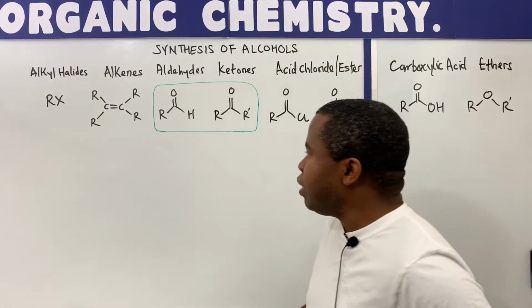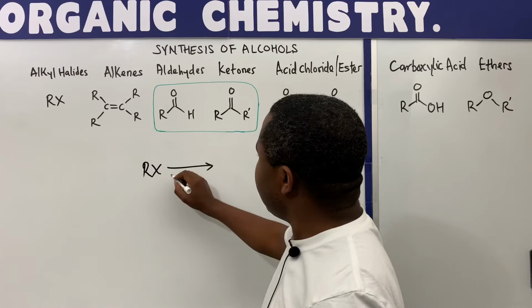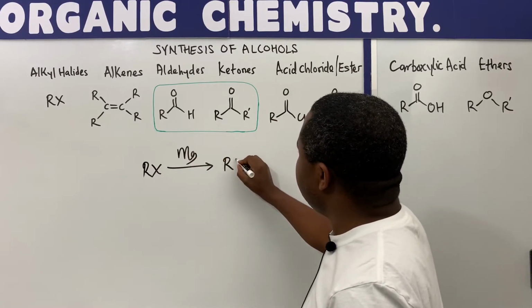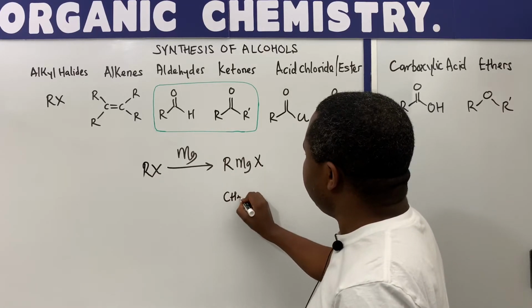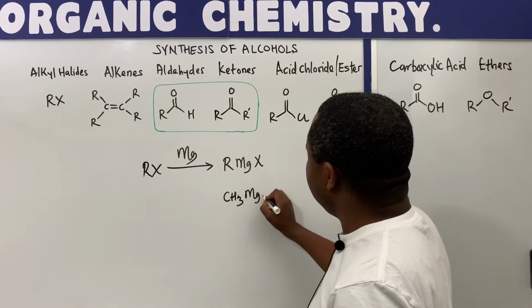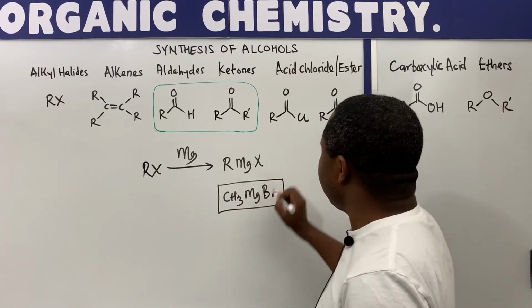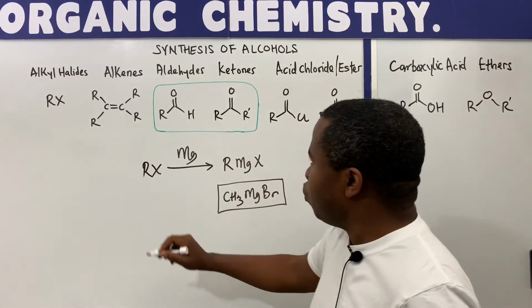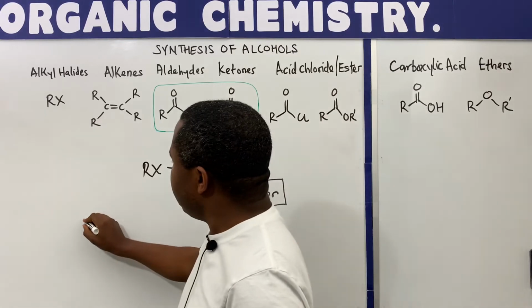And Grignard reagents are formed when we treat an alkyl halide with magnesium. So we form something like this. An example would be CH3MgBr. So this is a Grignard reagent. And if we react a Grignard reagent with a carbonyl compound, we're going to form an alcohol. So we're going to have something like this.